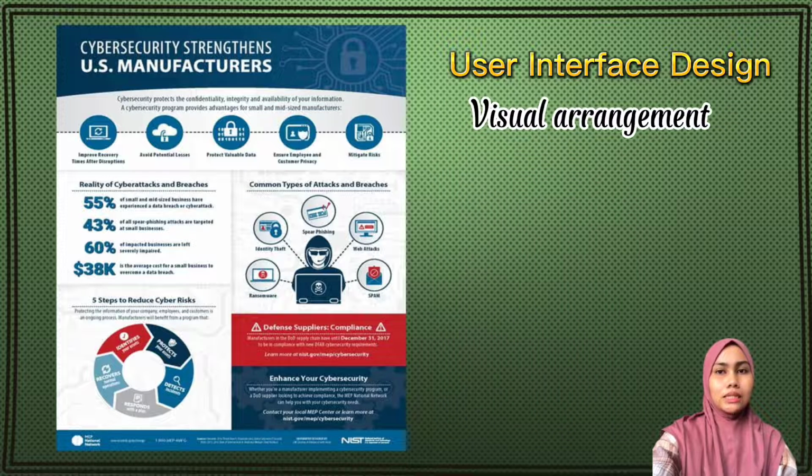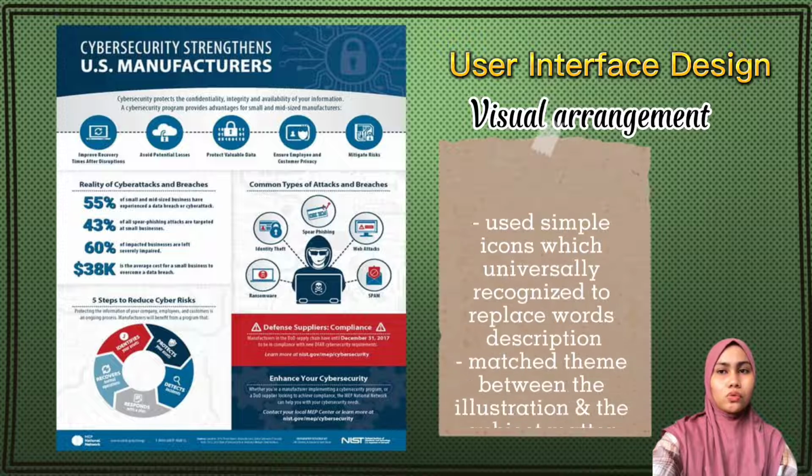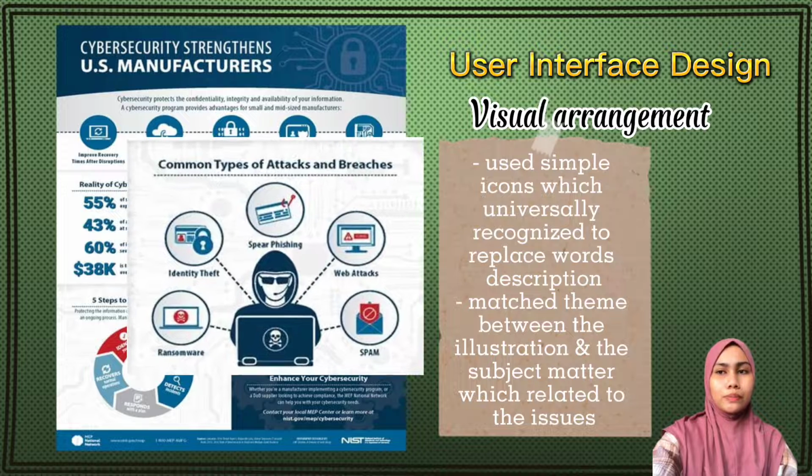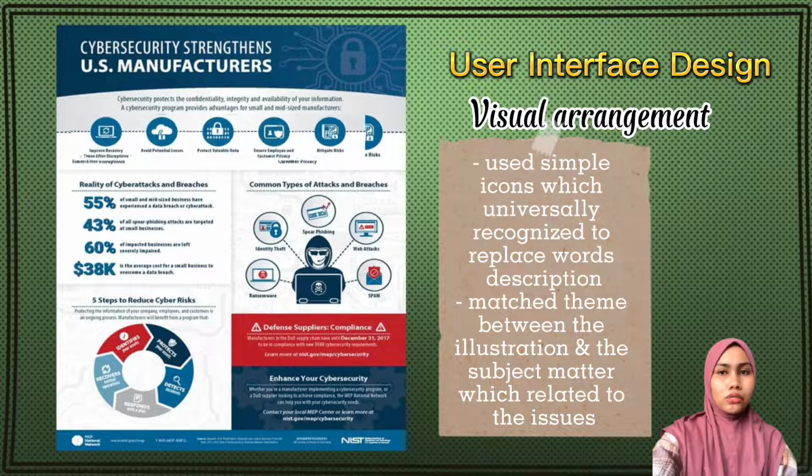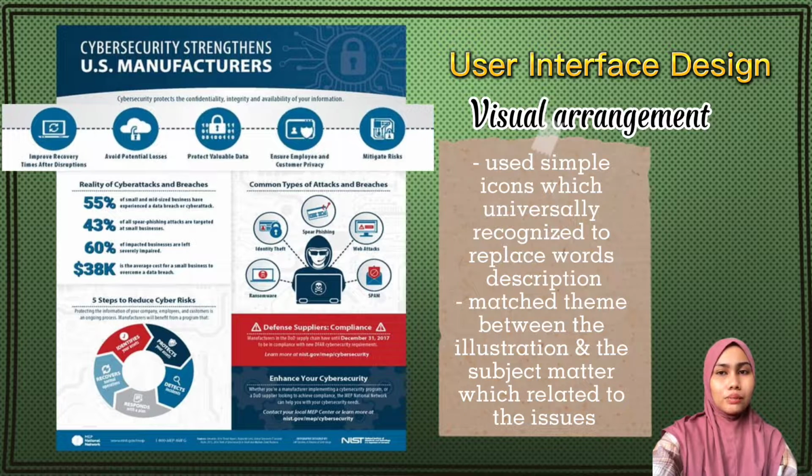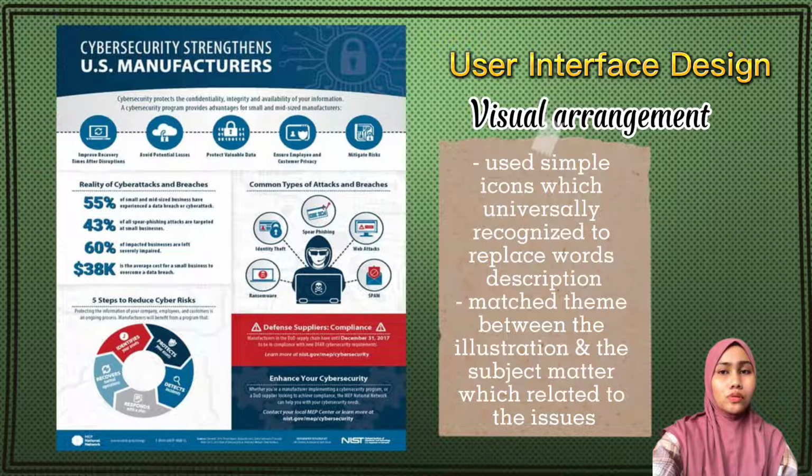Thirdly, the arrangement of visuals. The infographic uses icons to replace word descriptions. Icons are simple, easy to understand, and universal. The correct icon used in the infographic is determined by the ability of the graphic designer, needing little to no words to explain what the object represents. Besides, illustrations use mesh subject matter related to the issues.